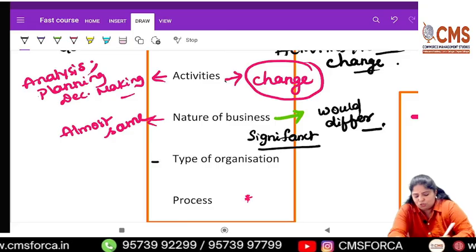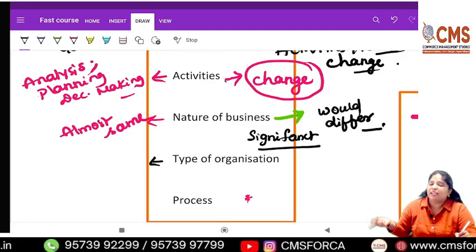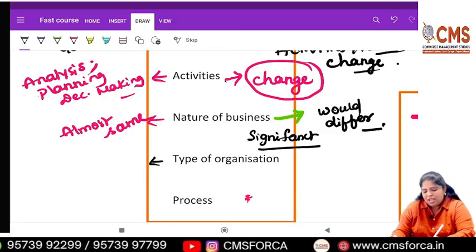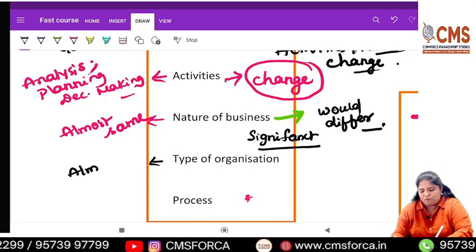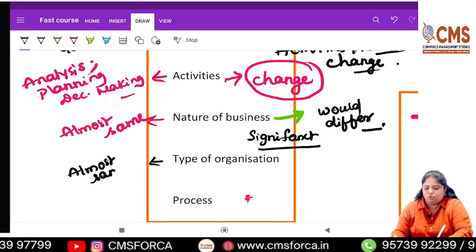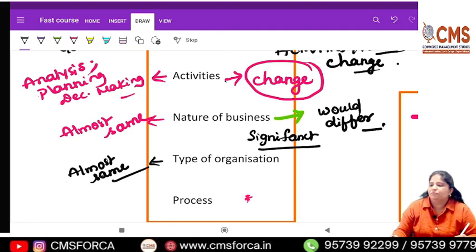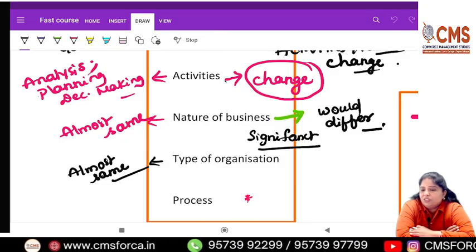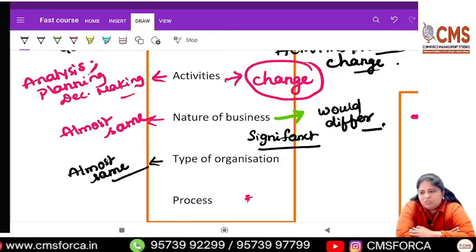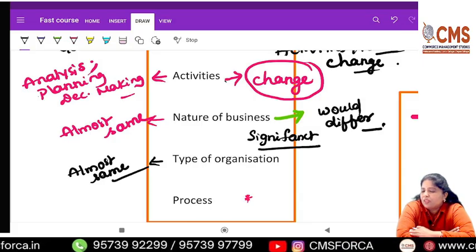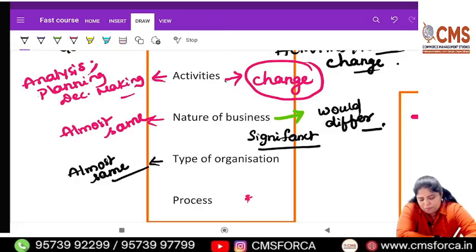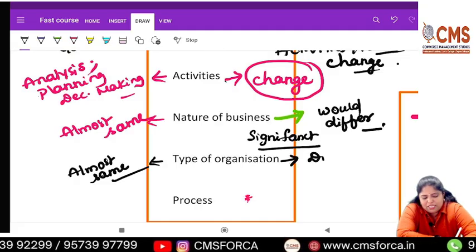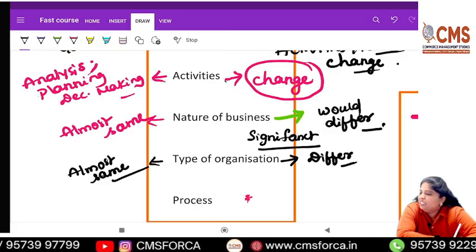Now, when it comes to type of organization, again, we will go with the same point. Irrespective of the type of organization, formulation almost would be the same. The methods you use to formulate, your approach of formulation, what you should focus on almost will remain the same. Whereas when it comes to implementation, implementation completely would differ.